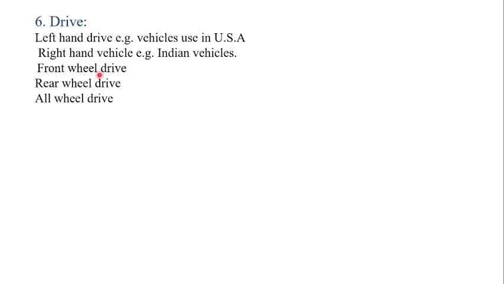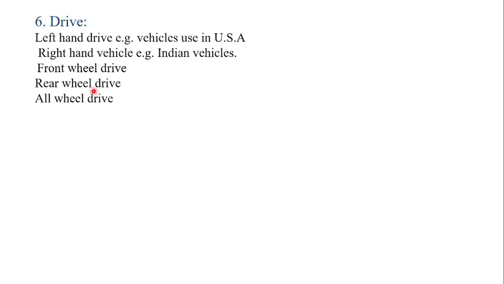Next, drive types are front wheel drive, rear wheel drive, all wheel drive. Front wheel drive means power is supplied to the front axle, that means the front wheels. Rear wheel drive means power is delivered to the rear wheels. All wheel drive means power is distributed to all the wheels.